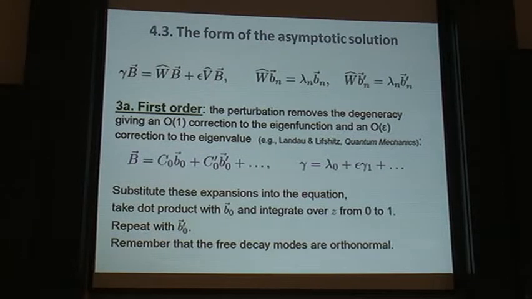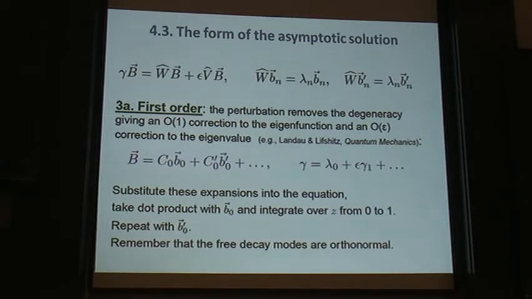Now, there will be terms containing B naught and terms containing B naught dash. B naught and B naught dash are orthogonal. So the next step, take a dot product of this with B naught and integrate from 0 to 1. All B naught dashes, almost all, will disappear.